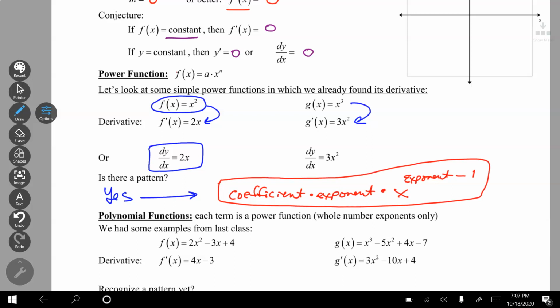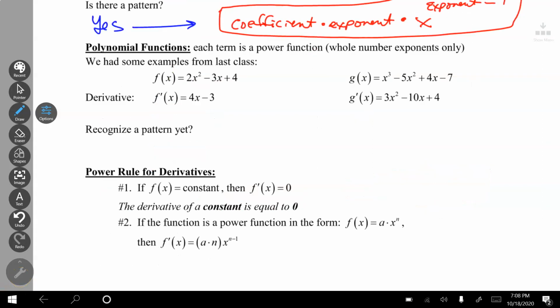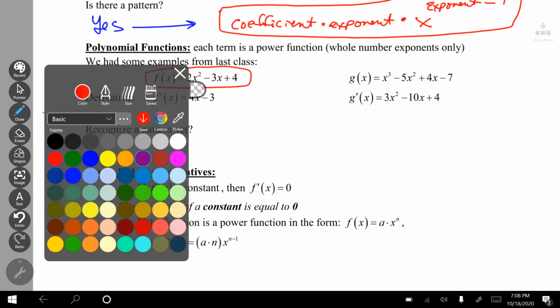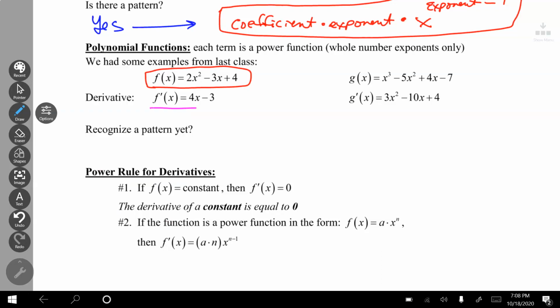But we have to be given a power function. That means it has to look like a times x to the n. Other examples we've done in class, we've done examples like this. f of x equals 2x squared minus 3x plus 4, and we got a derivative of f prime equals 4x minus 3.